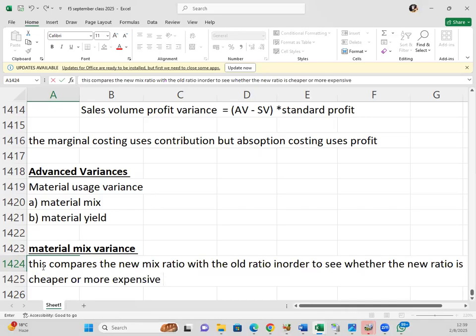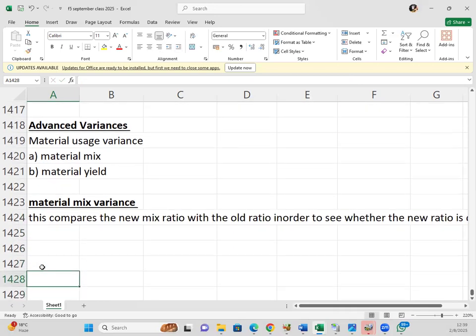So we are comparing the new and the old ratio in order to tell whether the new ratio is cheaper or more expensive. So the material mix variance.